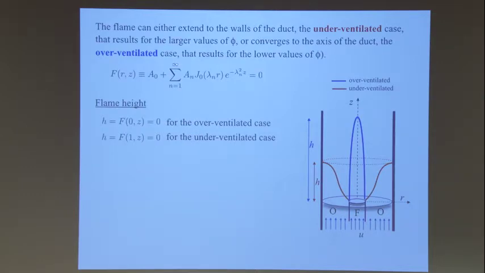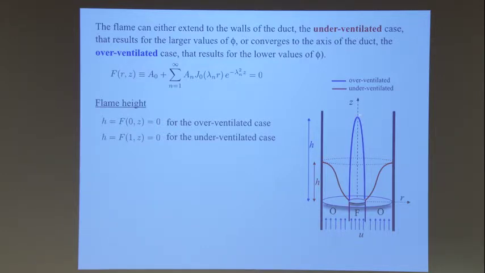And here it is. So here is that function. And you can either have a situation where the flame converges towards the axis of the tube, or it converges towards the wall. And that turned out to depend on the value of nu, or phi more accurately, the mixture strength.